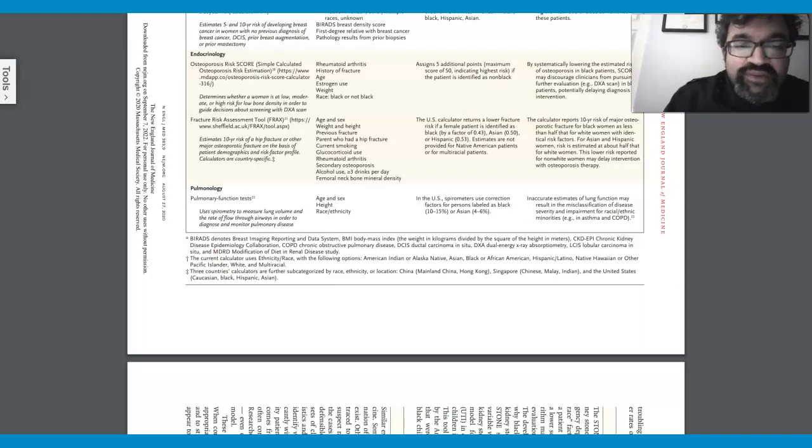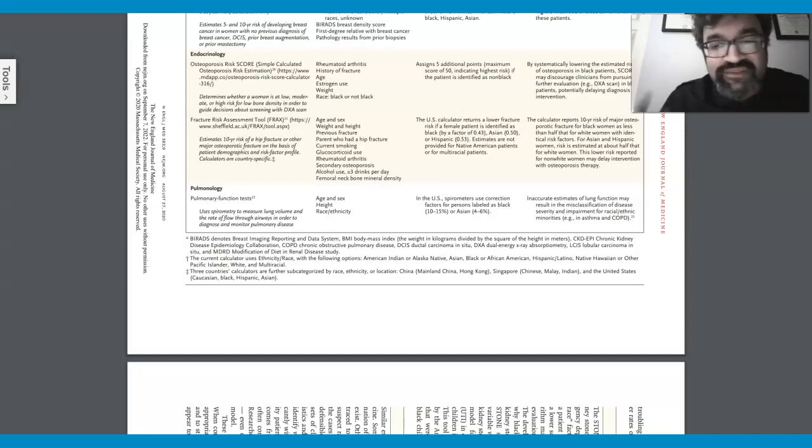And then finally, we talk about pulmonology, the pulmonary function tests, which use spirometry to measure lung volume, and I actually recently talked about this, and the rate of flow through the airways, in order to diagnose and monitor any sort of pulmonary disease. The input is age, sex, height, race, and ethnicity. In the U.S., spirometers use correction factors for persons labeled as Black, 10 to 15%, or Asian, 4 to 6%.